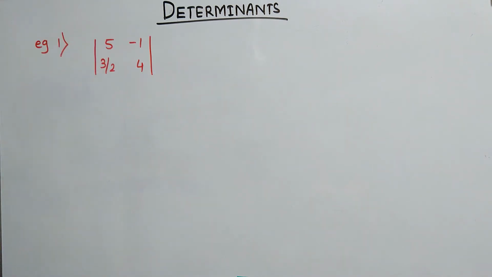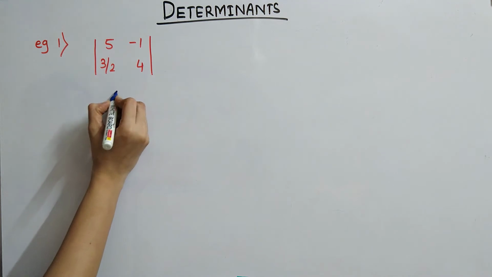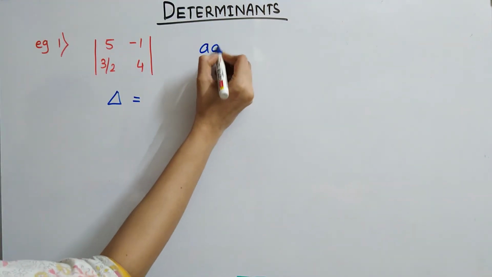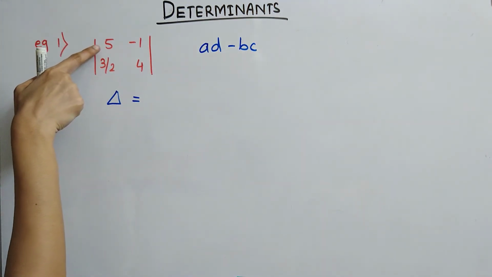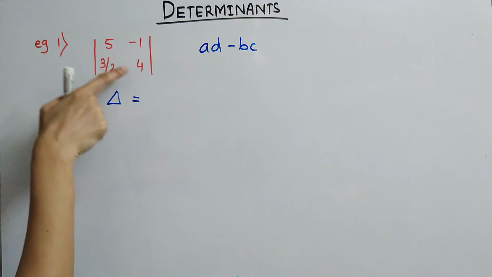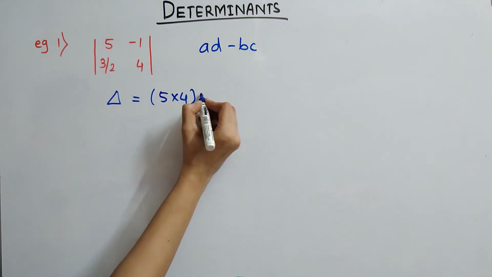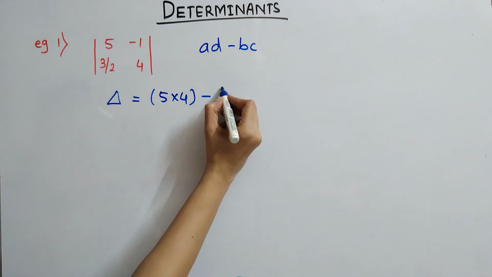Let's consider this determinant. Now we have to calculate the value of this determinant. So it is equal to ad minus bc. That means here we have to multiply 5 into 4 and then minus 1 into 3 by 2.